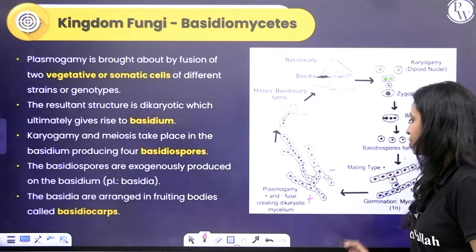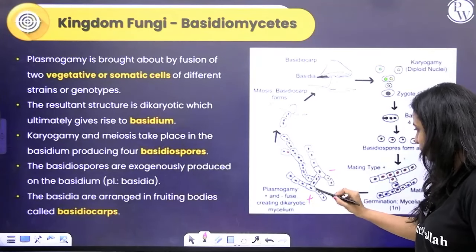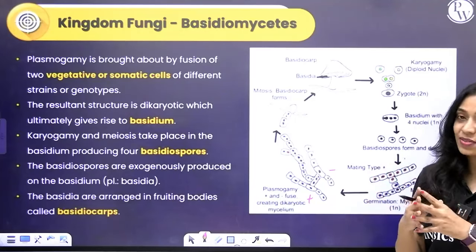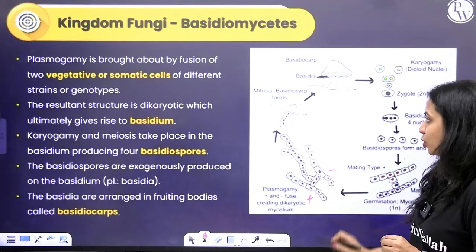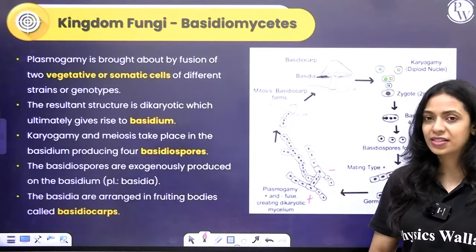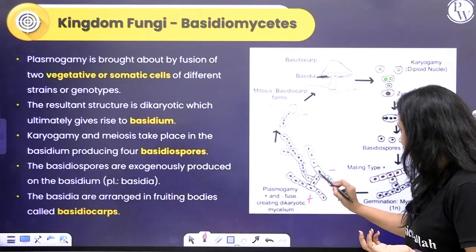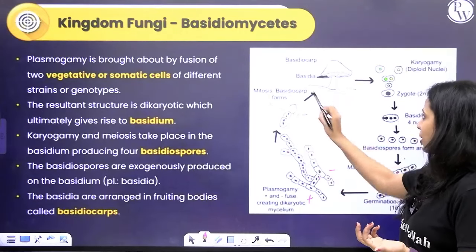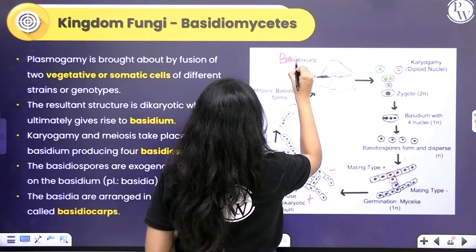These are the two opposite mating types. You can see how one cell from here and one cell from here, direct somatic cells themselves, have fused. First, plasmogamy has happened. After that, you have the dikaryon stage. I told you in ascomycetes and basidiomycetes, the dikaryon stage will persist for a really long time. So, in the dikaryon phase itself, you can see the formation of the fruiting body, which we call the basidiocarp.